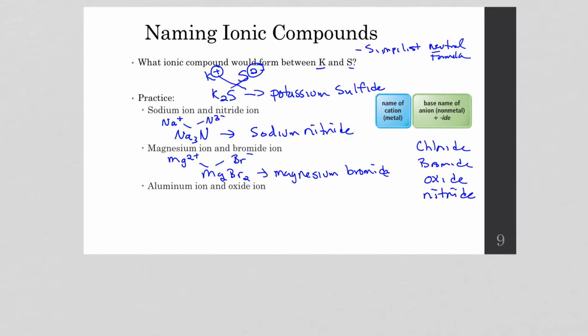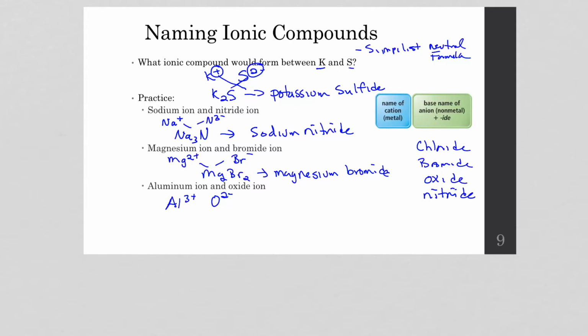Last one here, we have the aluminum ion, right? Aluminum is in group 3, so it's going to form a positive 3 ion. It's going to lose those 3 electrons to become like a noble gas. And we've got oxygen, it's in group 6. It's going to form a 2 minus, just like we saw with sulfur above, also in group 6.